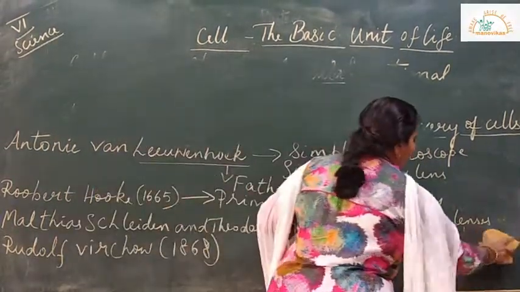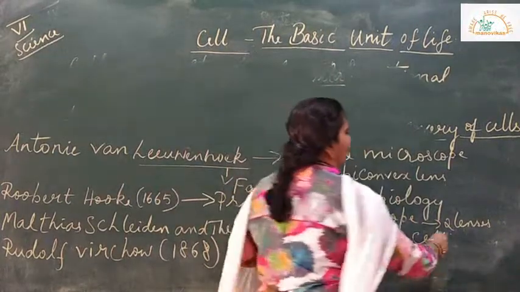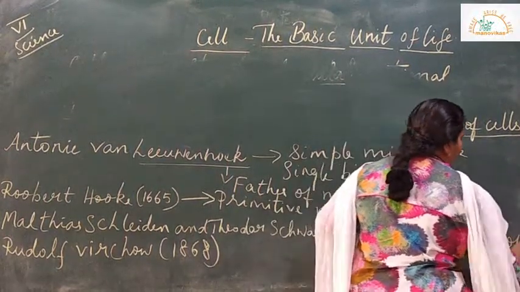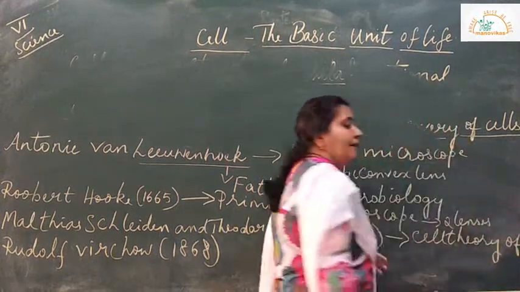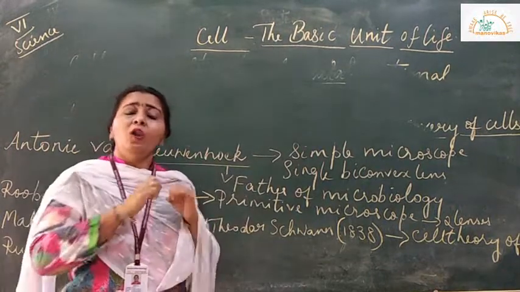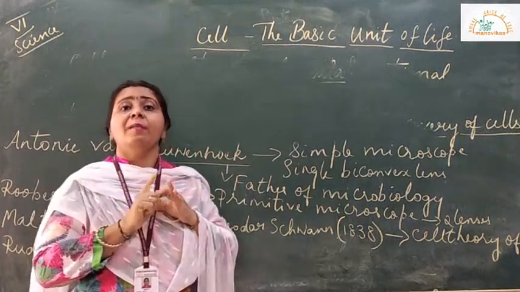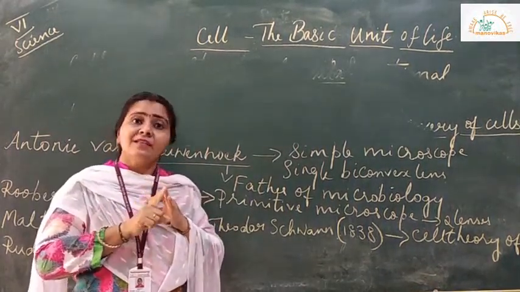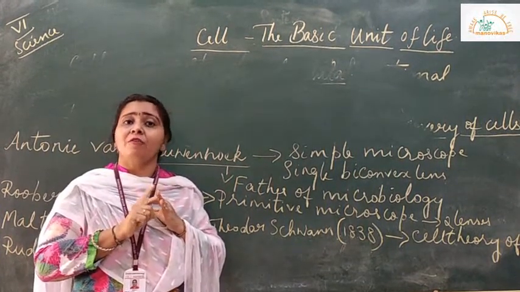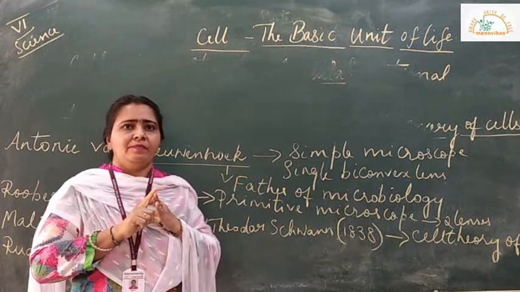I'll write it clearly. Cell theory of life. These scientists, Schleiden and Schwann, said all plants and animals are made up of cells. And cell is the basic structural and functional unit of all living organisms.